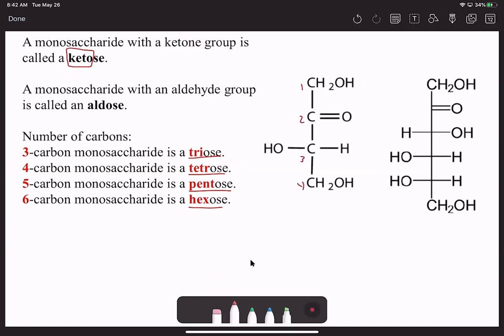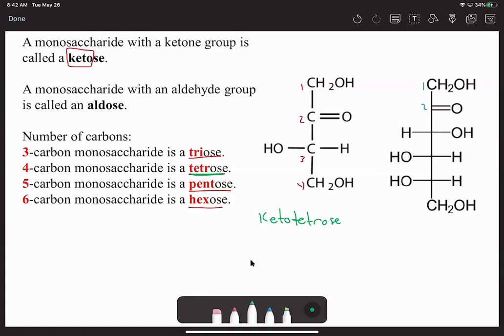All right, so 4 carbons. I know it's a ketone, so I'm going to start it off with keto, 4 carbons, tetrose, not tetraose, but tetrose.